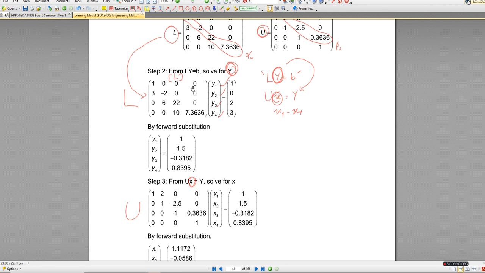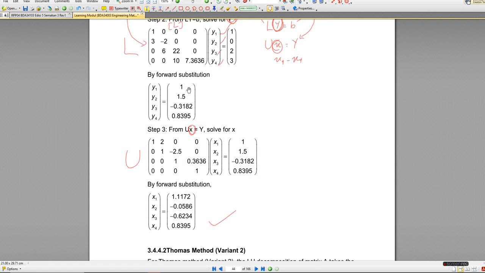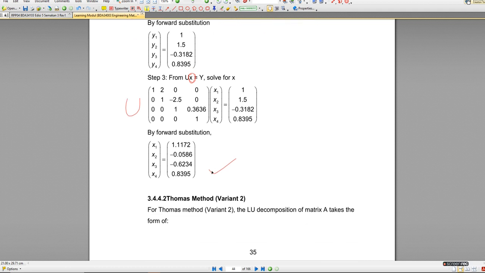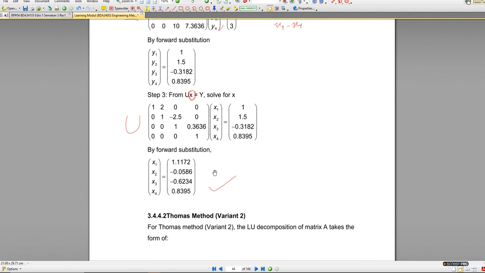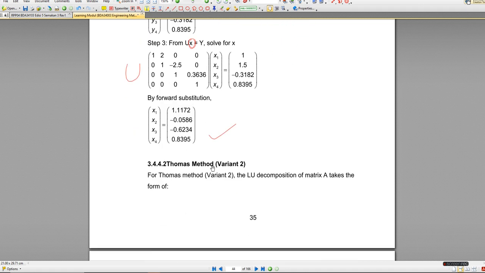You key in the elements here and the matrix B here, then simplify to get the value of Y. Then you repeat the process to get the elements x1 until x4. Do not use manual calculation or manual Gauss elimination, only use your calculator.